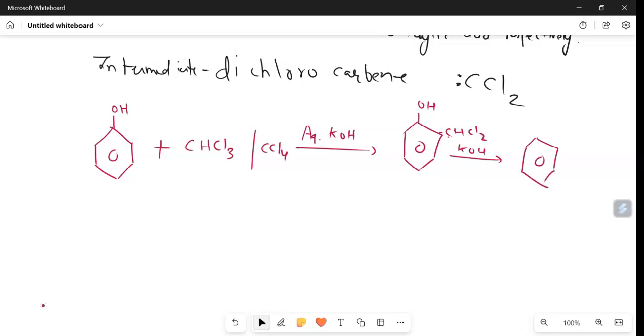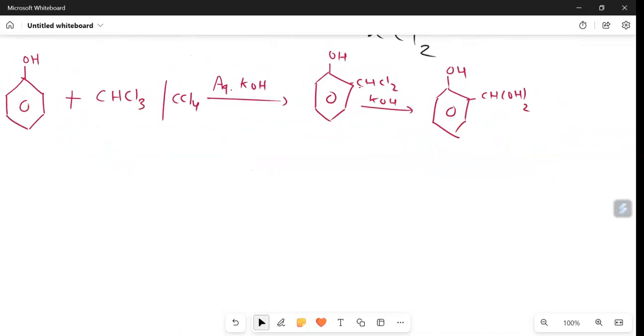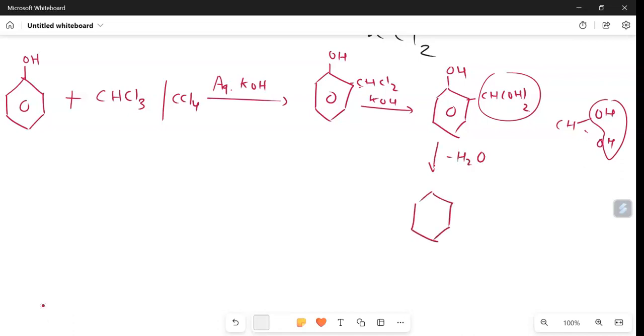It will form again OH with CH(OH) whole twice. By removing the water molecule, because in this carbon CH there are two OH groups present, which is quite unstable, it will form salicylaldehyde, that is CHO.